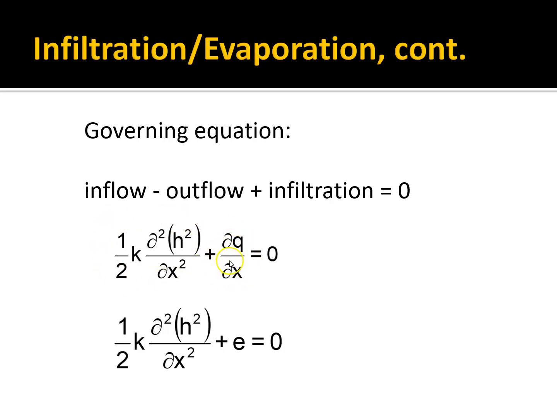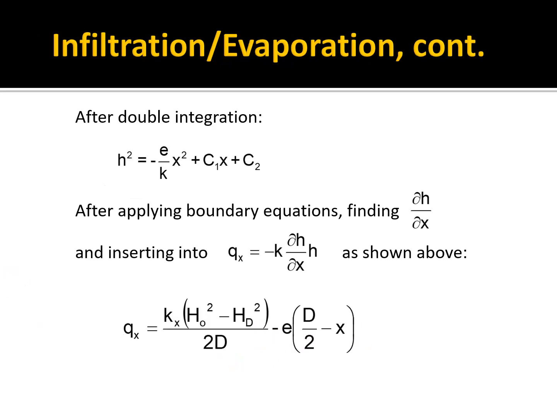Now we're just adding this infiltration term, and we can replace that with E. And then, again, we do a double integration, apply our boundary conditions, find the del h del x, and insert that into Q equals minus k del h del x. H is shown above. So following a derivation process very similar to what we did above, you can end up with this equation, which is very similar to the one that we had before, but now we've got this term on the right hand side.